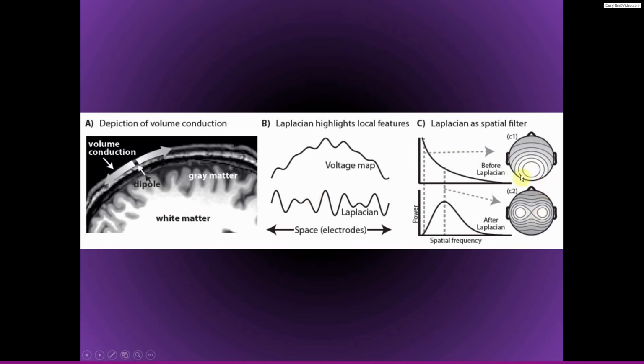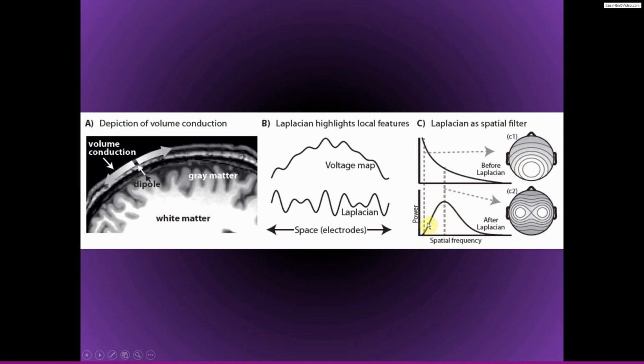Here's an illustration, and we'll repeat this simulation in MATLAB in a little bit. Basically the idea is that before applying the Laplacian, or without applying any spatial filter, the EEG topography tends to be dominated by low spatial frequency. By low spatial frequency, I mean dynamics that are very broad and have a representation in many, or maybe even all, electrodes.